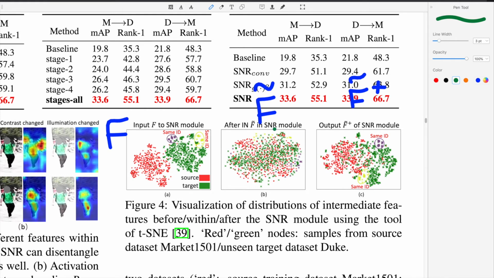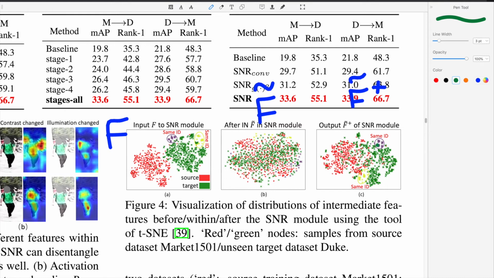So you can see that even though F squiggly removes the style information, it removes too much information that the discriminative performance degrades. Now that's the reason why we want to introduce this restitution part, where compared to F, the domain discrepancies are still reduced.